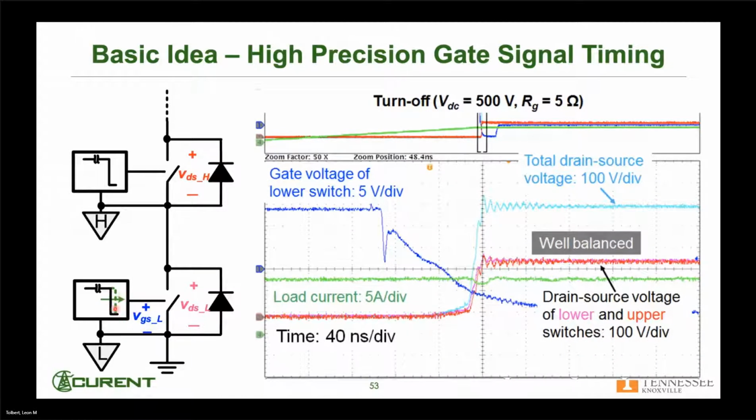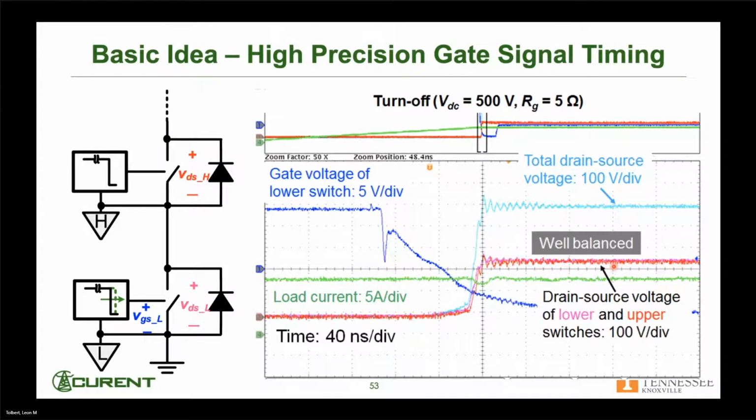And so by having that little bit of delay, you can see now our lower device and our upper device, those waveforms that turn off look pretty good. They're about the same. And now our voltage is well balanced.